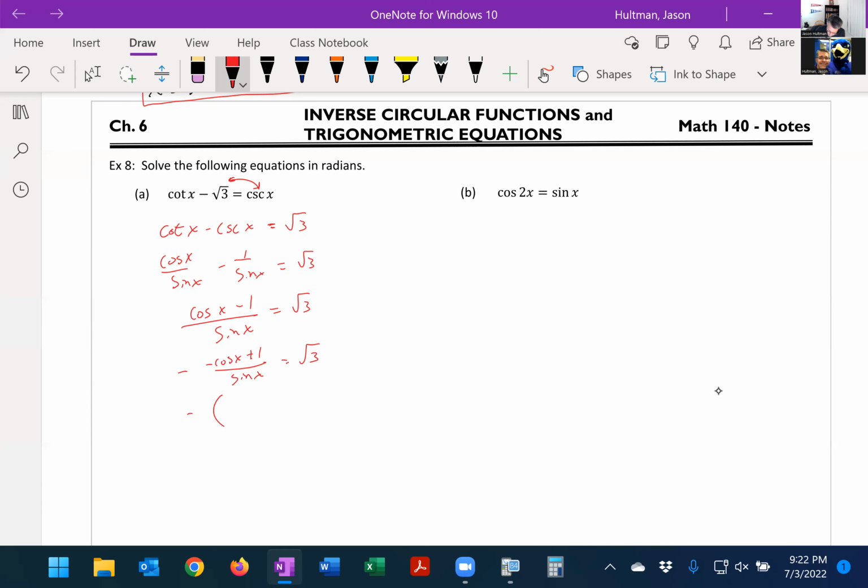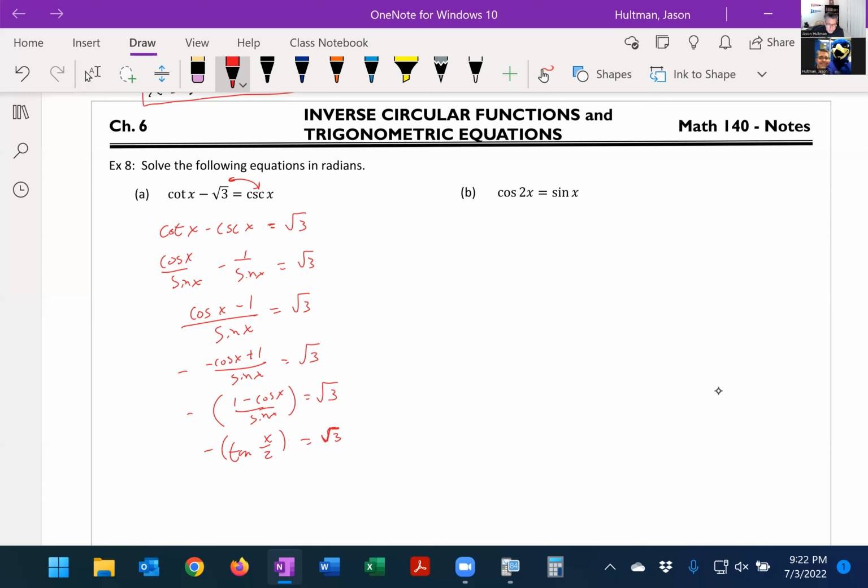Because this guy here, 1 minus cosine x over sine x, that is a trig identity, our half angle identity for tangent. So this is tangent of x over 2, equals radical 3.